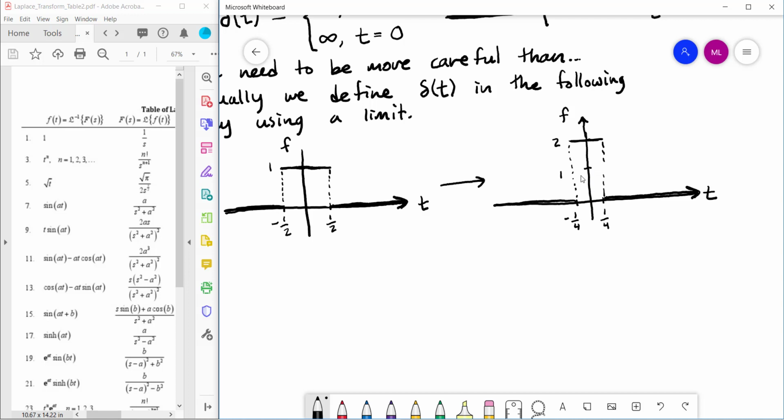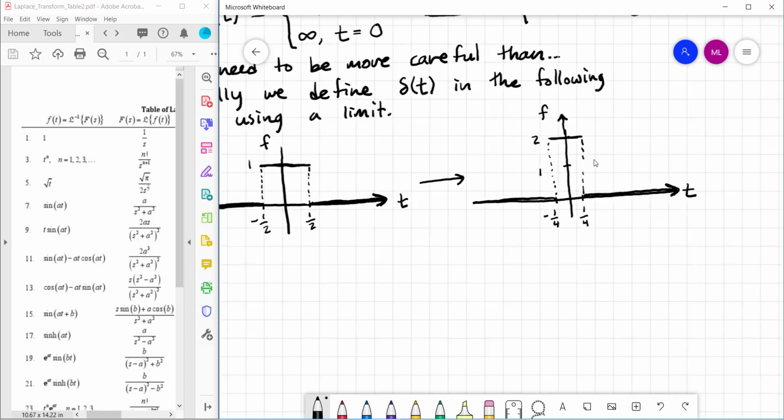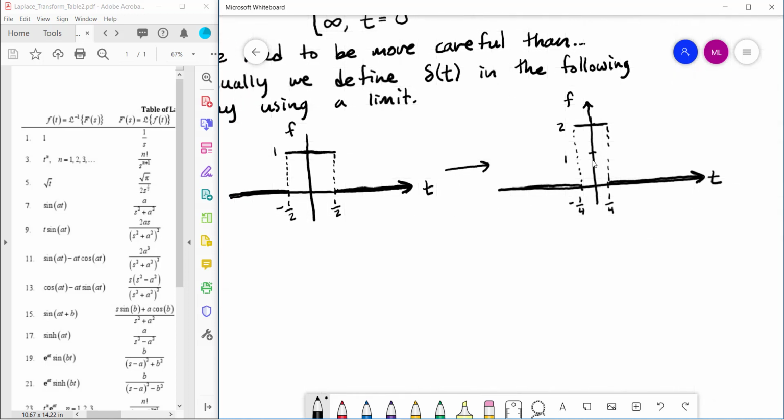And what I want to do is take the limit as these two points go to 0. I want to shrink these two points where we break upward toward 0 while simultaneously raising the height enough to preserve the fact that the area under this is 1.